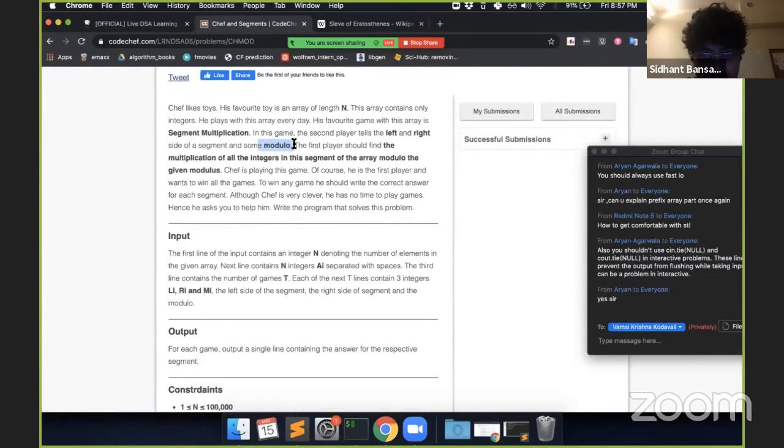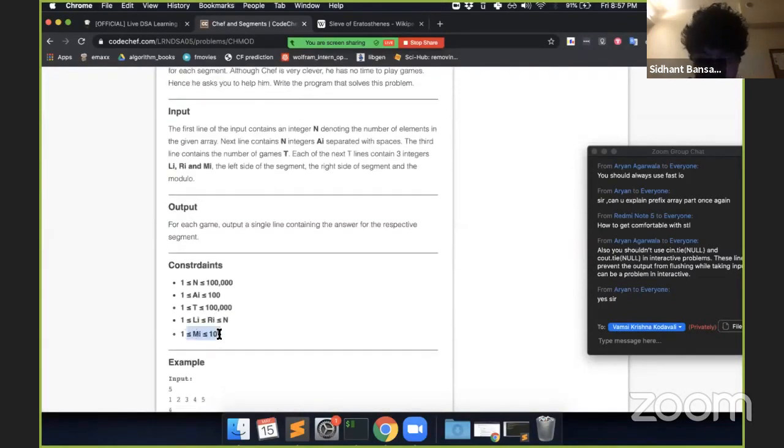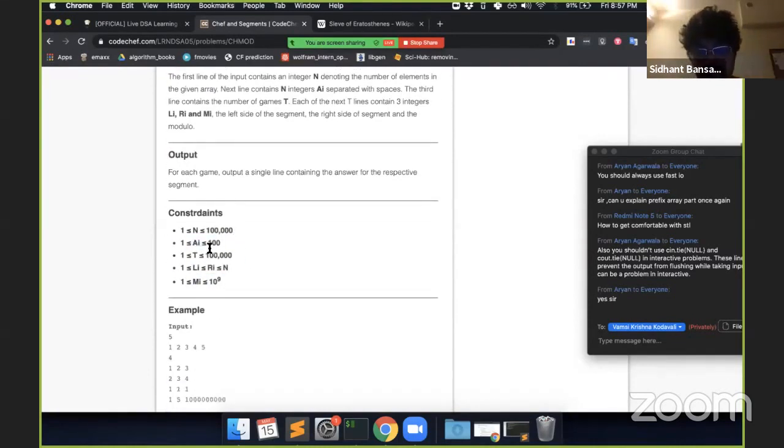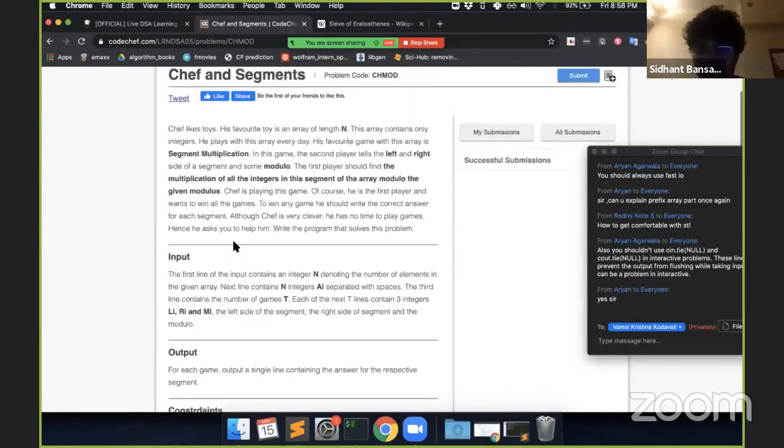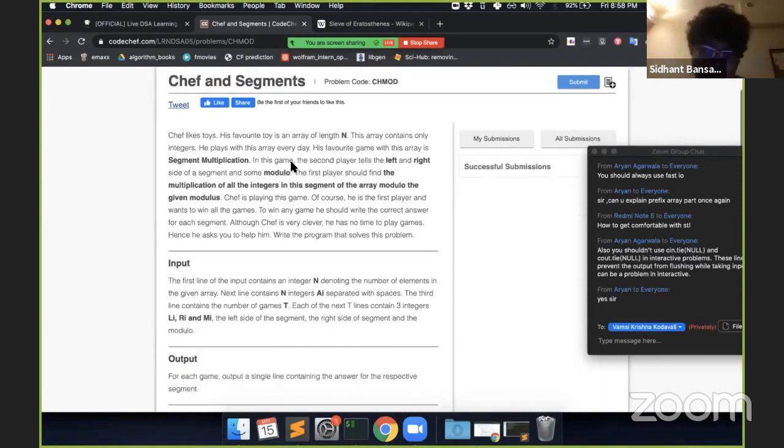Notice the modulo can be anything in this question. The exploit is that A i is pretty small, just 100. So you will get 10 to the power 5 queries, and in each query, even if you spend 100 operations, you're still good to go. If you haven't read the question, just read it later on.